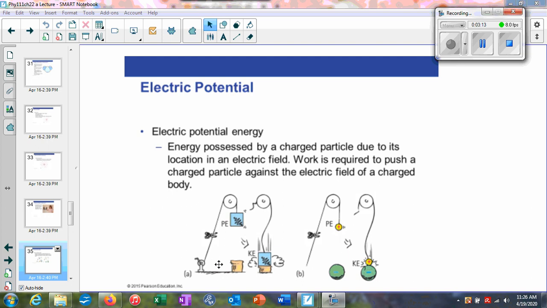I had to do work to take this massive thing and lift it to a higher height. If this little positive charge was stuck to this negatively charged body, I would have to do work to separate them and move this against the electric field.